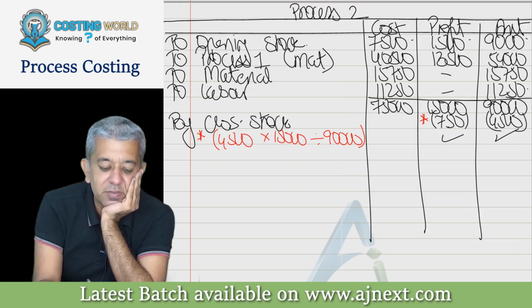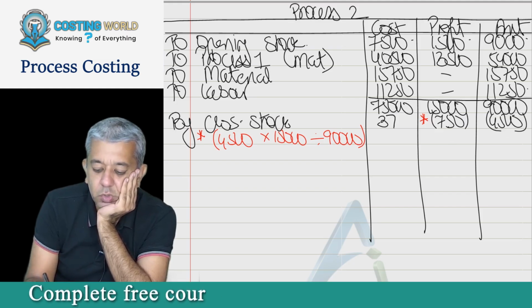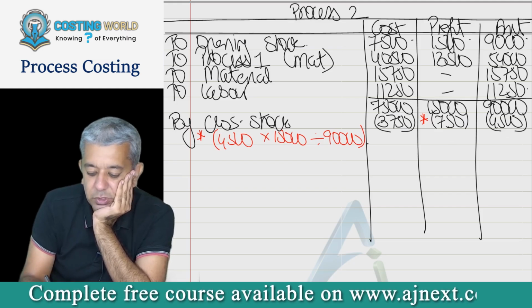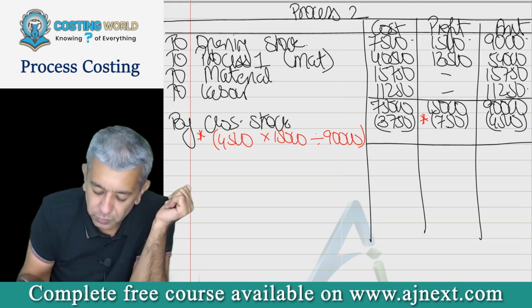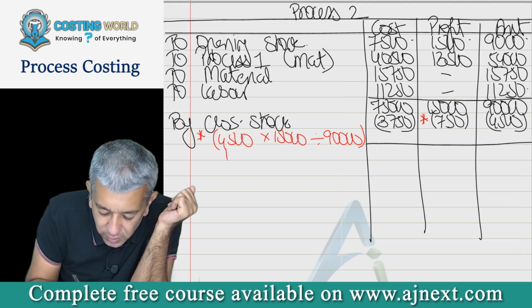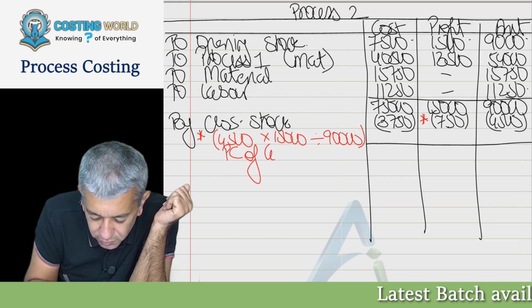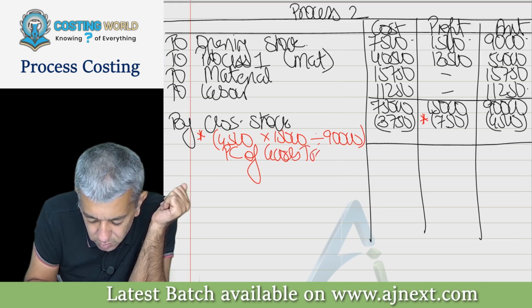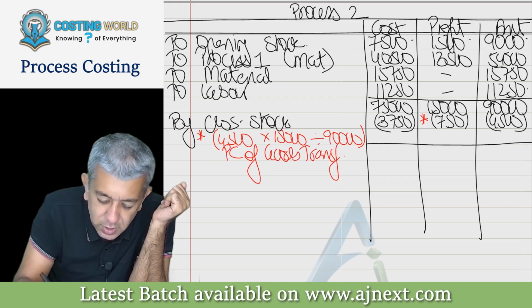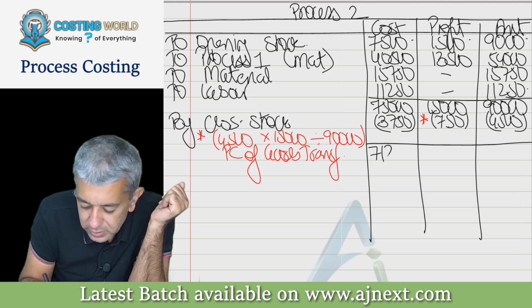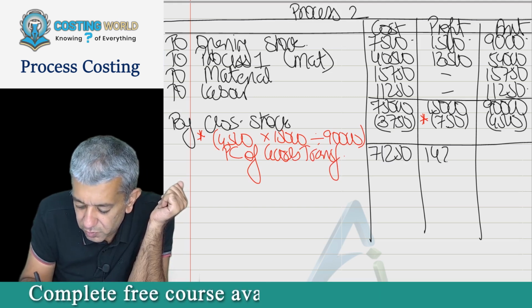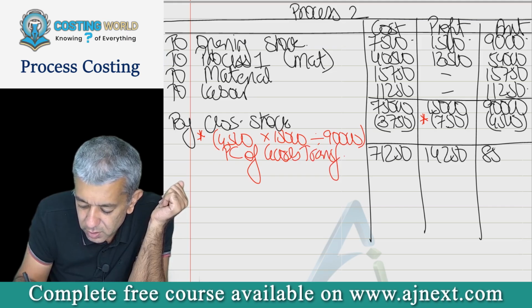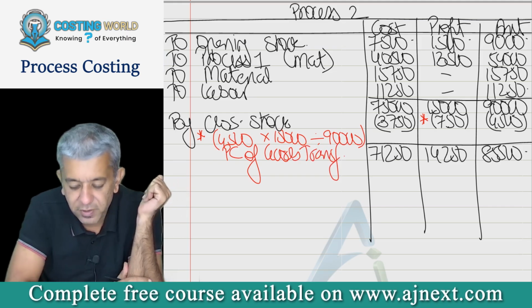So 4,500 minus 750, the cost to the company will be 3,750. This will be the prime cost of goods transferred. 71,250, 14,250, 85,500.